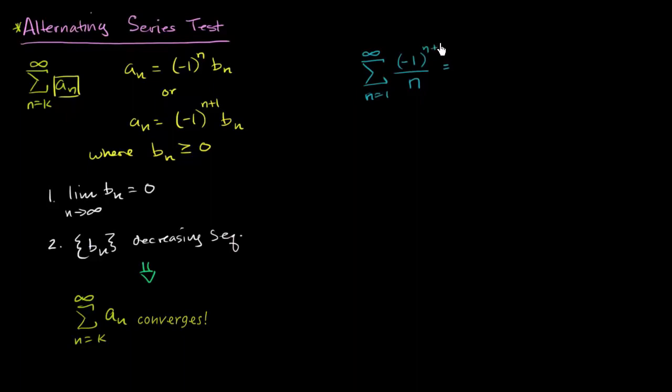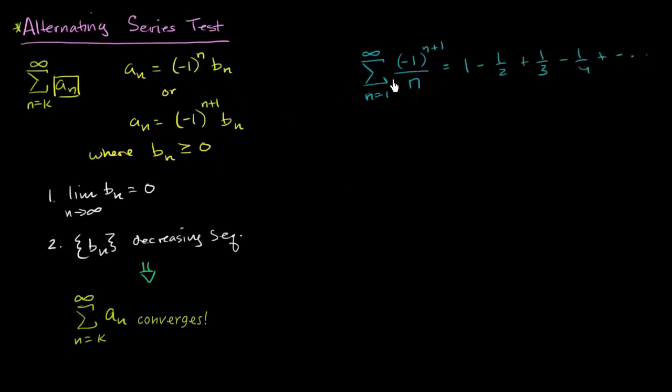Let's make this negative 1 to the n plus 1. So when n is equal to 1, this is going to be negative 1 squared over 1, which is going to be 1. And then when n is 2, it's going to be negative 1 to the third power, which is going to be negative 1/2. So it's minus 1/2 plus 1/3 minus 1/4 plus minus, and it just keeps going on and on and on forever.